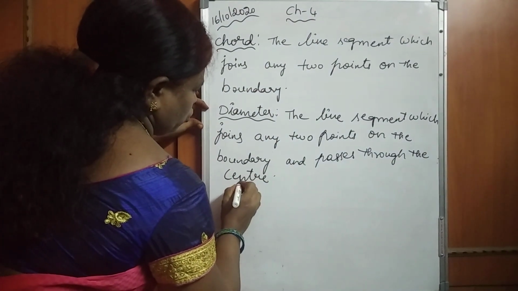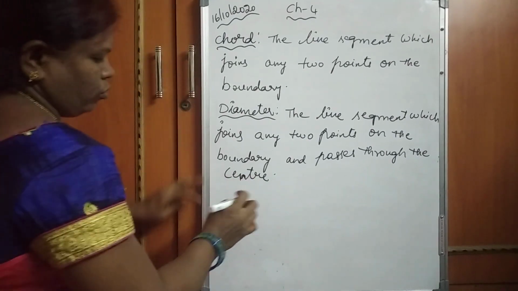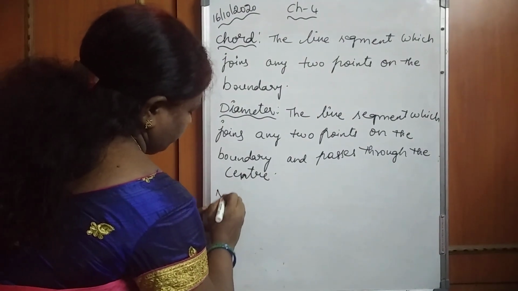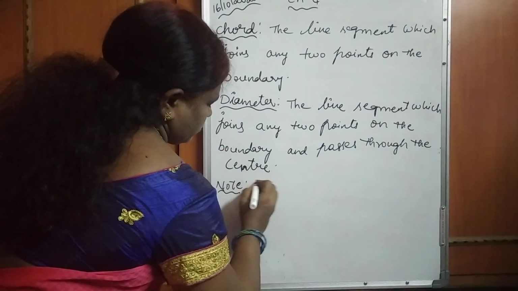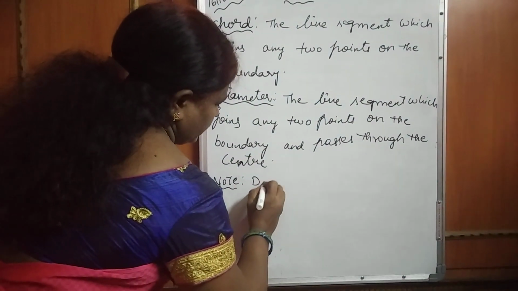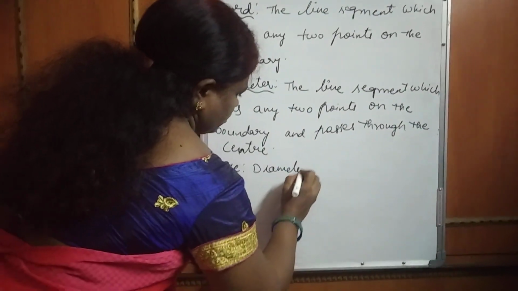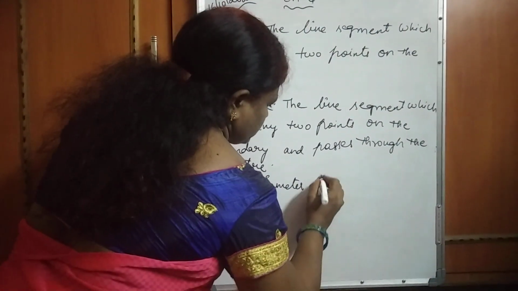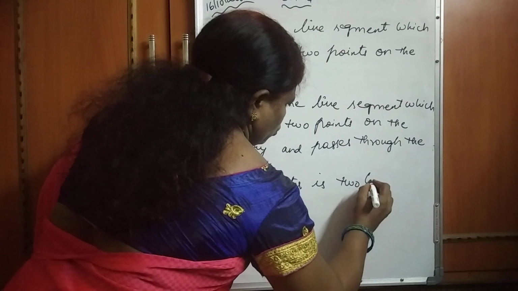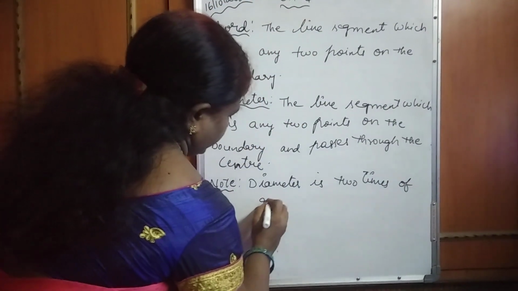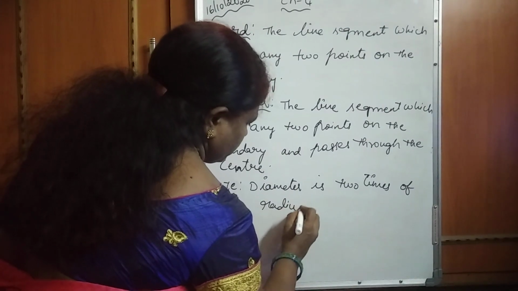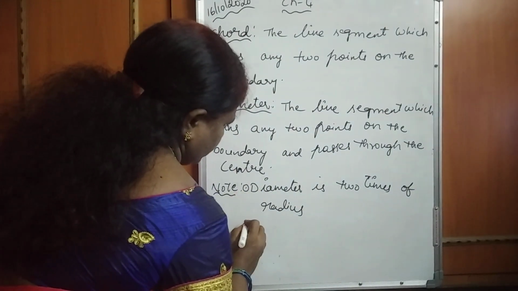Now here for this you have note points, children. Diameter is 2 times of radius. This is one point. Then another point.